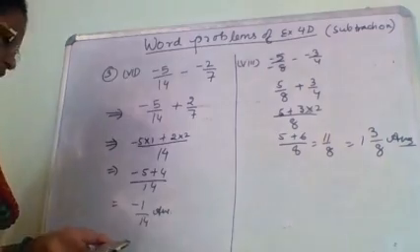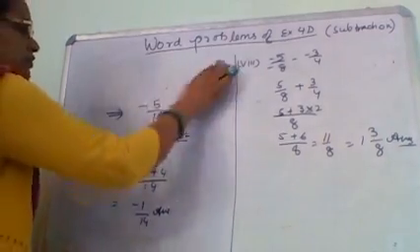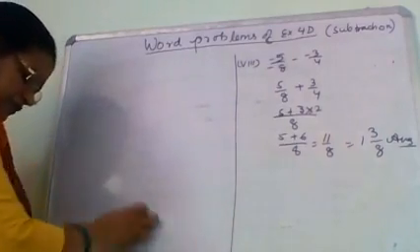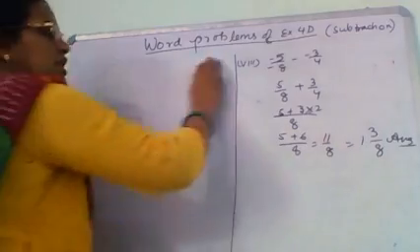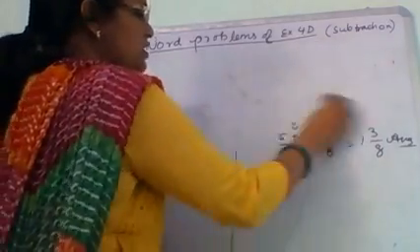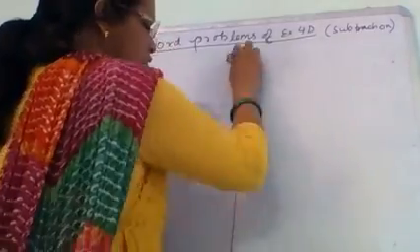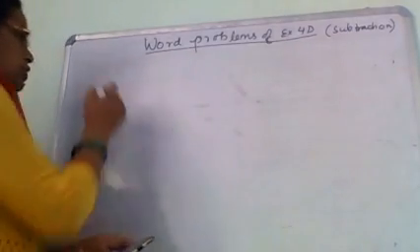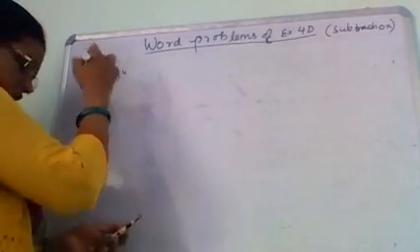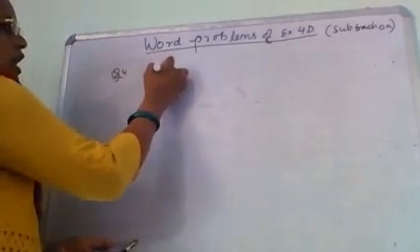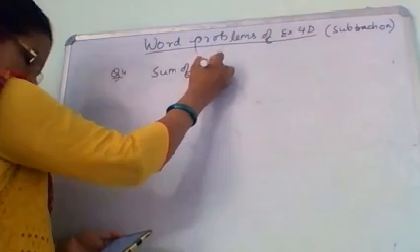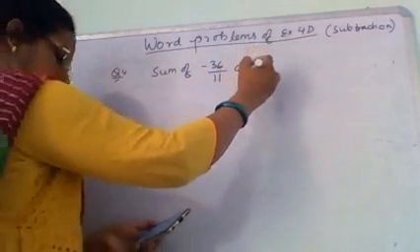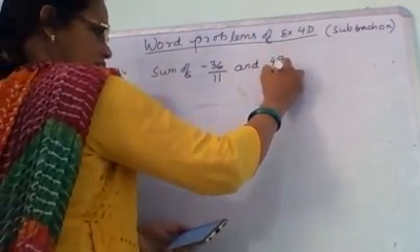Now subtraction, the question number 4. Question number 4 says, subtract the sum of this and this from the sum of this and this. See students, again this is nothing but you have to add and subtract only, but this is in the word problem. So question number 4 says sum of this. So what is the sum of minus 36 by 11 and 49 by 22?